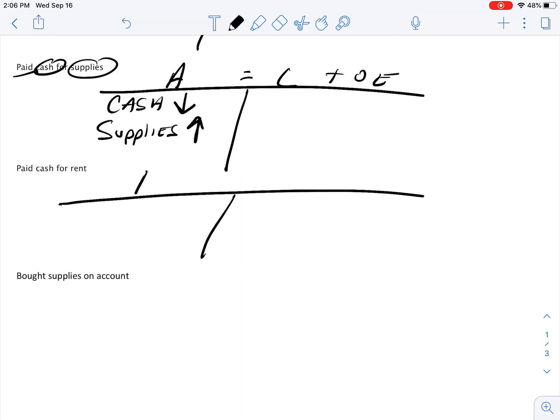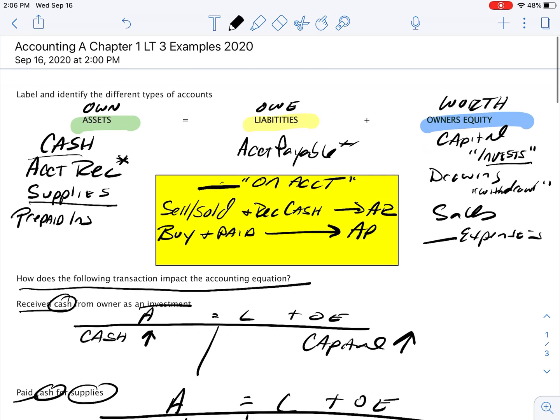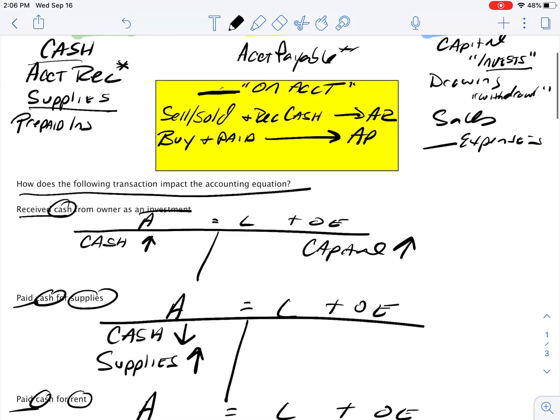Paid cash for rent. Again, assets equal liabilities plus owner's equity. I'll circle rent, but I know paid cash means my cash went down. My rent, if you go back up here, is technically an expense.